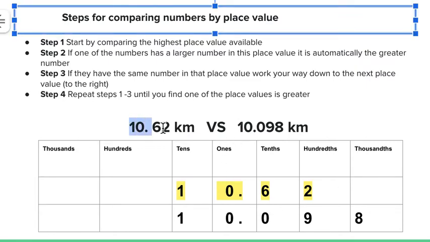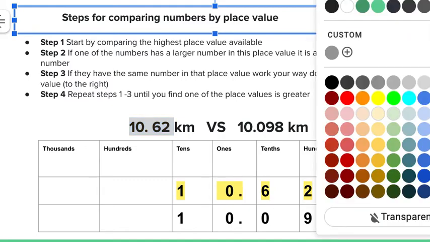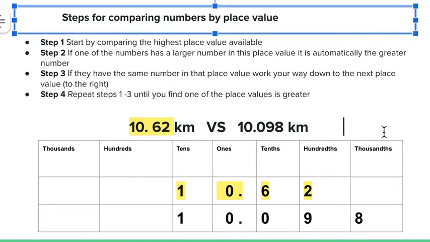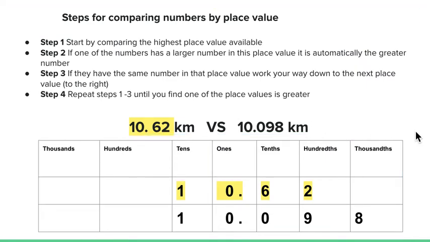Why is 10.62 kilometers greater than 10.098 kilometers? That is because it has the larger value in the larger place value. If that is confusing to you, this only is the case when we are dealing with decimal numbers.